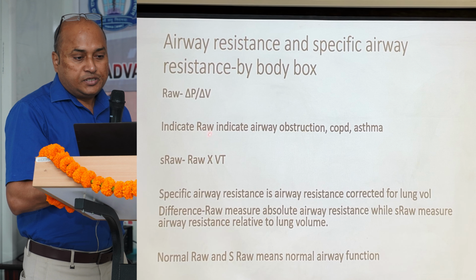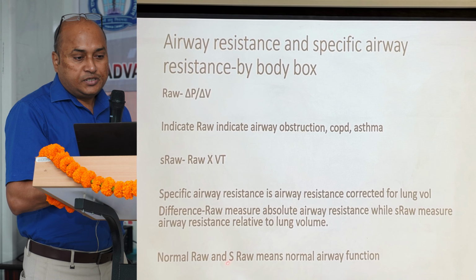It indicates airway obstruction, asthma and COPD. If airway resistance is increased, it is seen in obstructive airway disease. And once the airway resistance is plotted against the change of volume, tidal volume, that gives the specific airway resistance. The only difference between specific airway resistance and airway resistance is that the volume comes under consideration. The rest is the same.